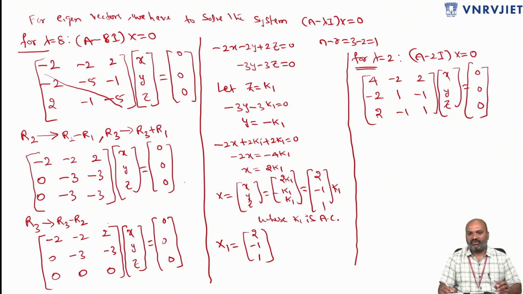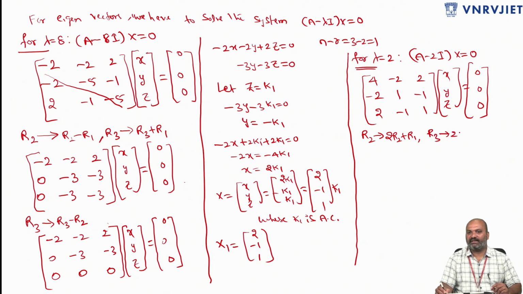Now, reducing it to echelon form by applying row transformations. Here we have minus 2, here we have 4. Multiplying the second row by 2 and adding it to the first, this becomes 0. That is 2R2 plus R1. Similarly, in the third row, both have the same sign, 2 and 4.